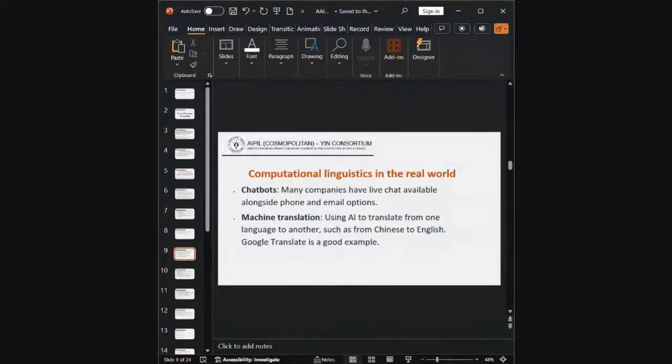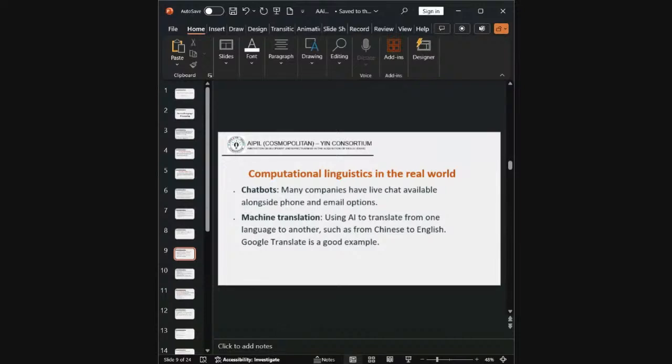We had a beautiful conversation on that, and we came to understand that chatbots are sounding more and more like humans. And that's because of this particular concept that we are trying to learn, computational linguistics, natural language processing. Companies are now having live chats alongside their phones, their emails, text messages, and so forth.